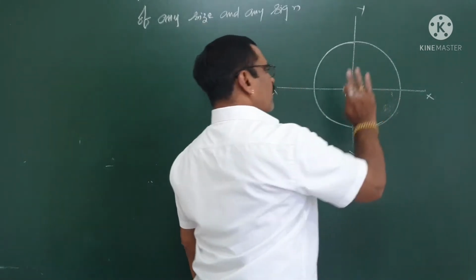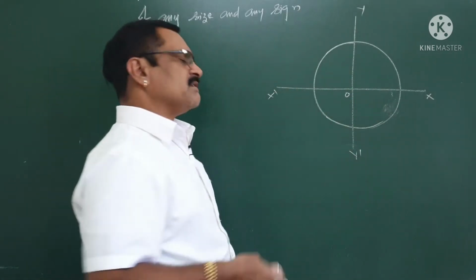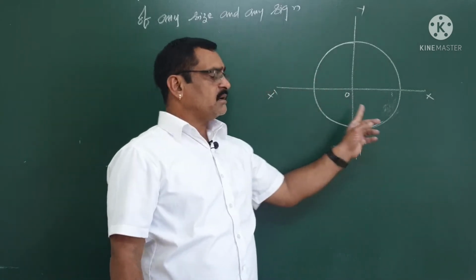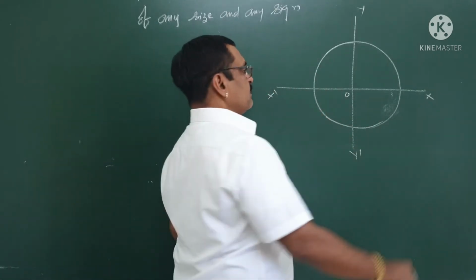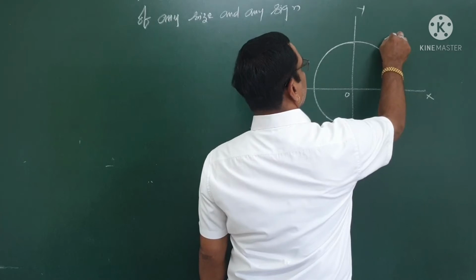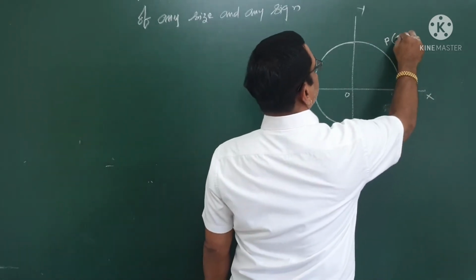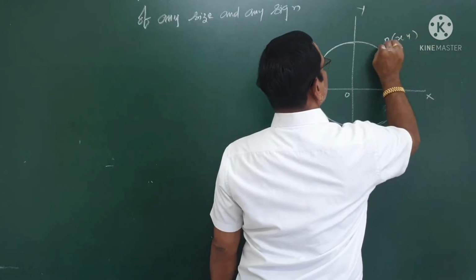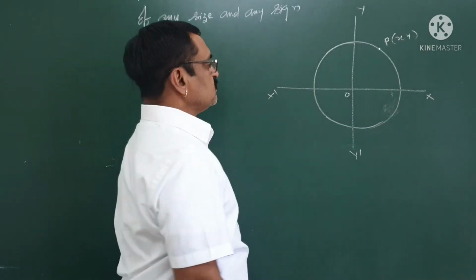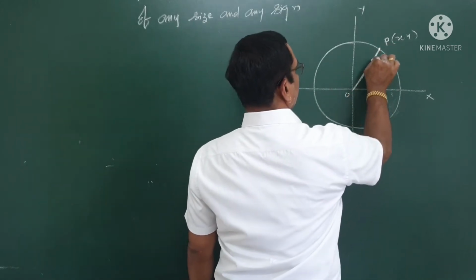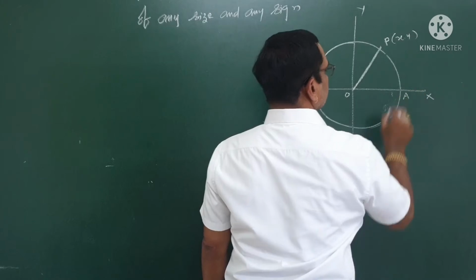Now, take a point on the boundary of the circle. Say somewhere, it can be in the first quadrant or second quadrant or third quadrant or fourth quadrant. Let's say some point P here. Of course, its coordinates are x, y. Join OP. Let OA be the x-axis.